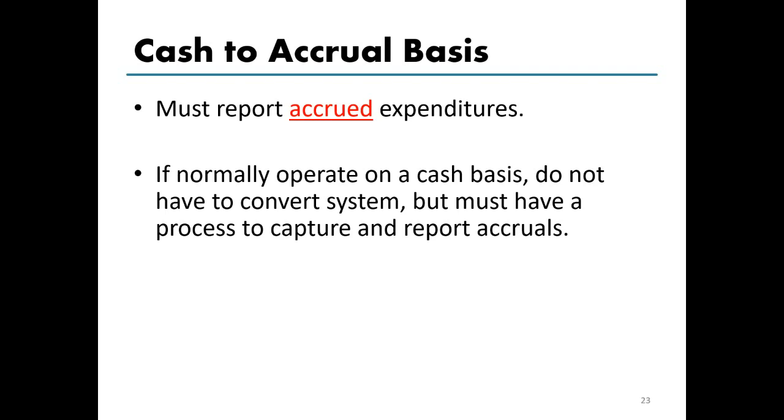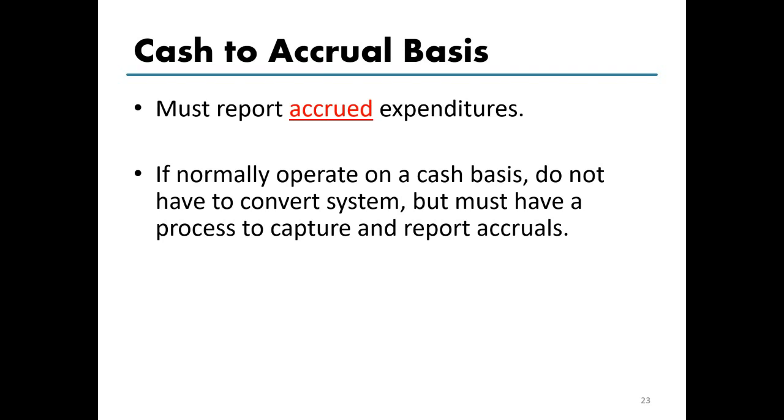And again, the system is designed, and the instructions ask, that you report accrued expenditures. We understand that likely your accounting system is on a cash basis, as is ours.